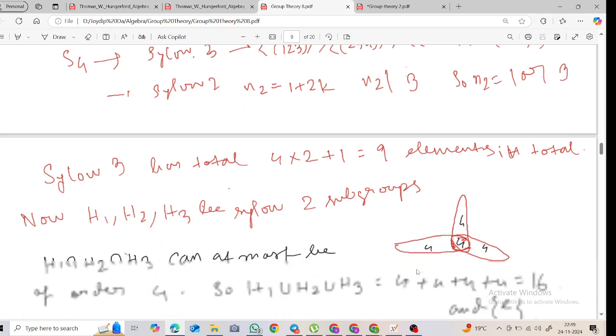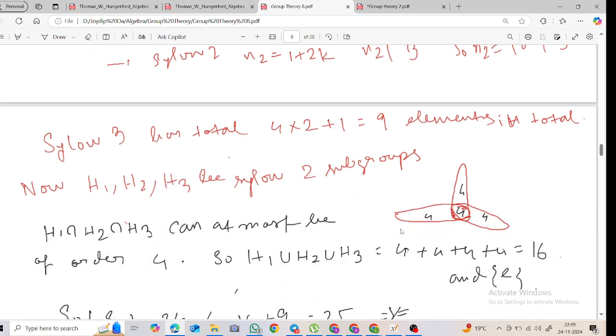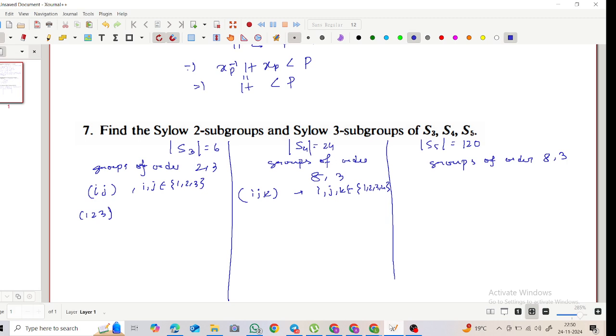Okay, the Sylow 3 subgroup has total 9 elements. Generated by (1 2 3).